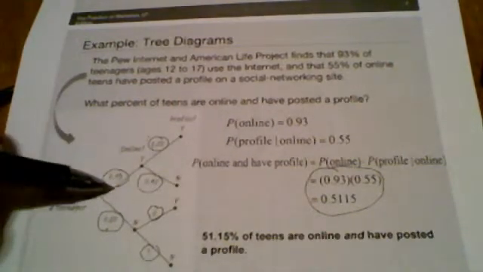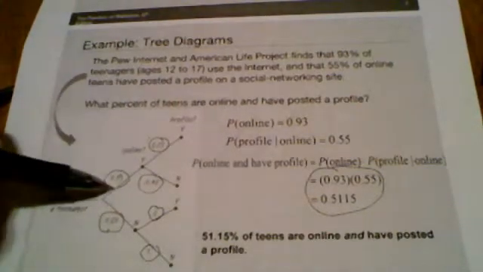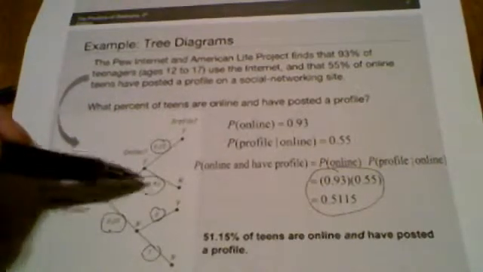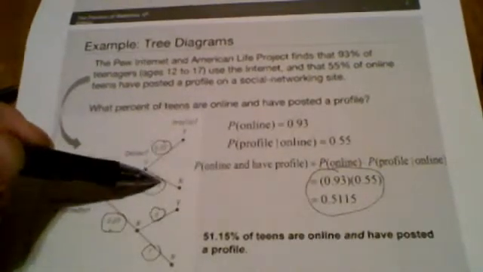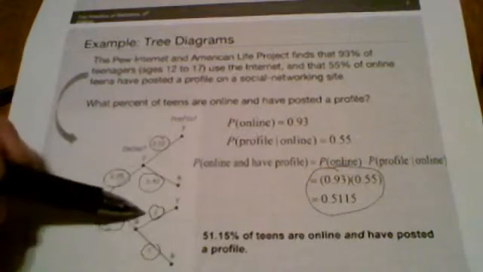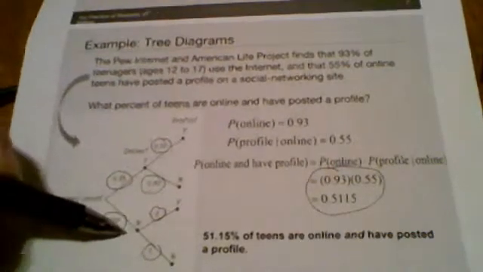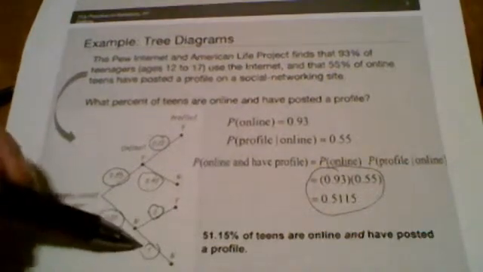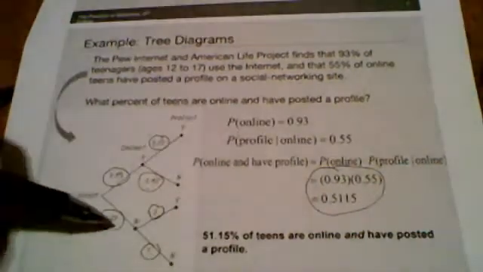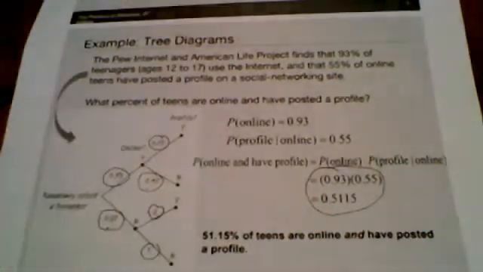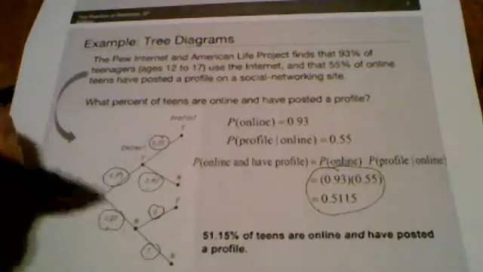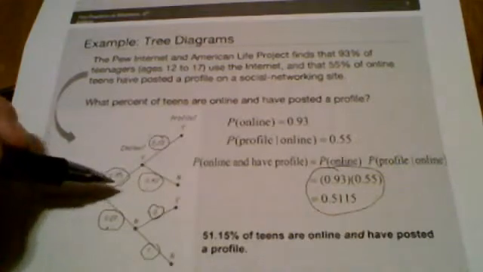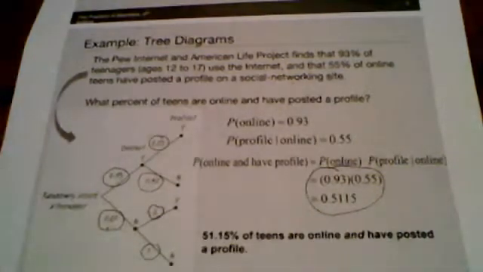We can also see that 0.93 times 0.45 would tell us how many are online and have not posted a profile. 0.07 times 0 would tell us how many are not online and have posted a profile, which is none. And 0.07 times 1 would tell us how many people are not online and have not posted a profile. So those are the tree diagrams, and again, to get the probabilities at the end of a tree diagram, you're actually multiplying the two together.